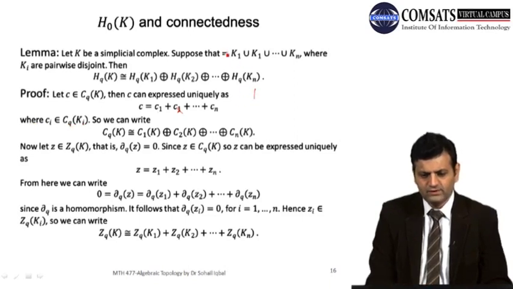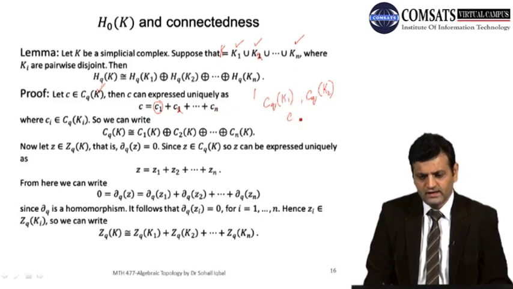This K can be written as a disjoint union of K1, K2 up to Kn, and since a simplex of K belongs to either K1 or K2 or Kn, this c, which is an element of Cq of K, can be written as this sum, where c1 belongs to Cq of K1, c2 belongs to Cq of K2, and so on, up to cn which belongs to Cq of Kn.